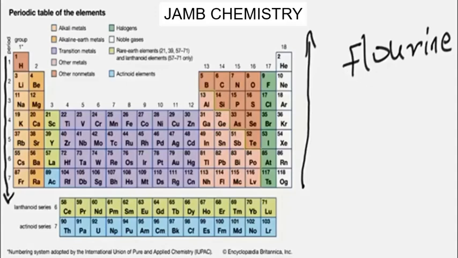So with this information, if you know the group of one element, you can predict the properties of other elements in that group. This is basically what you have to know about the modern periodic table. Just know this basic information, as any question can come out from this as an MCQ question for chemistry.